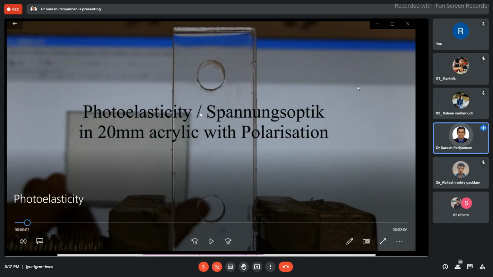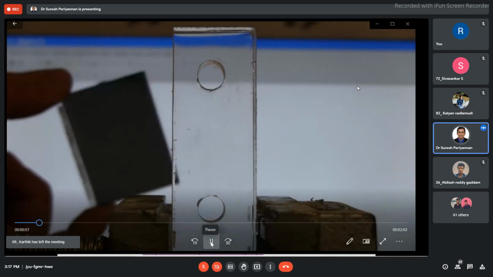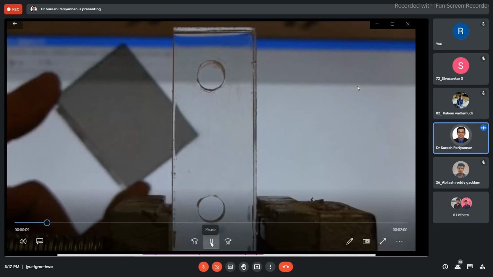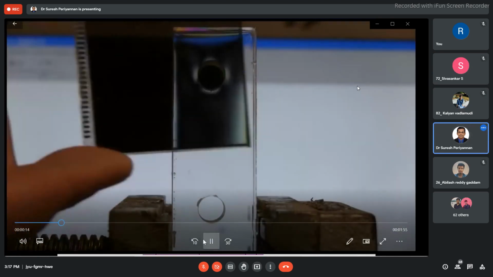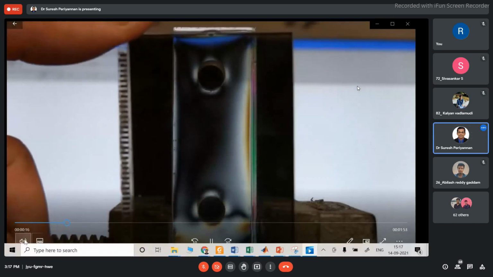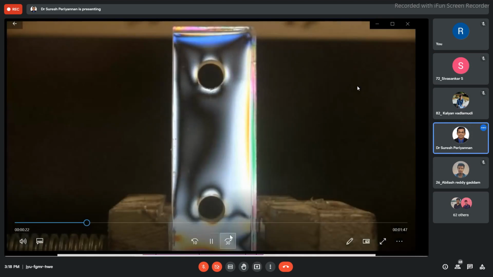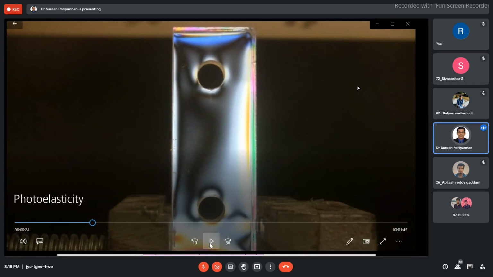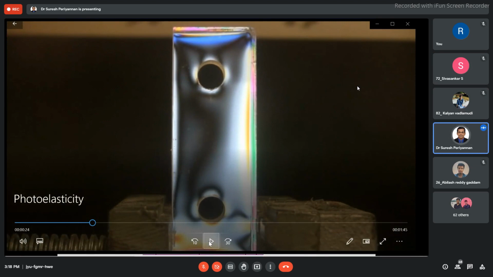This is our acrylic plate. Now without a stress, now the material is not stressed now. Now the epoxy plate is not stressed now.